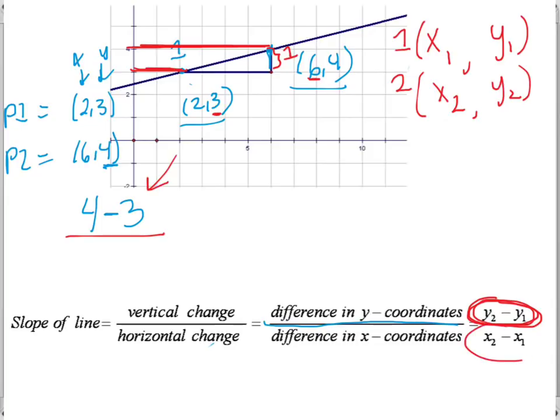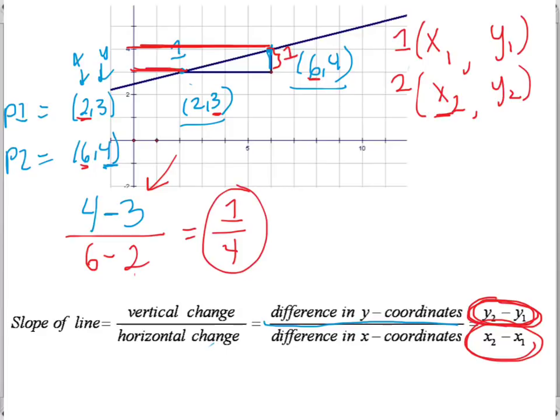Now we do the same thing with the x coordinates. I take the x coordinate of the new point, which is 6, and subtract the x coordinate of the old point, which is 2. So 4 minus 3 is 1, and 6 minus 2 is 4, and that ratio is already reduced. My slope is equal to 1/4.